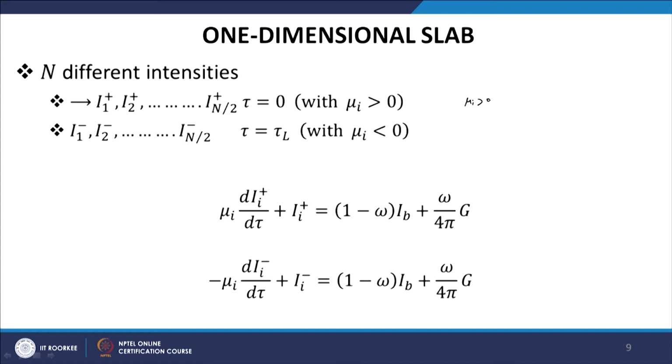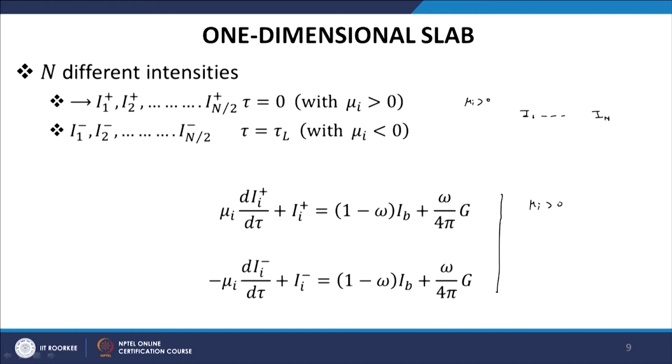So, we have a total of n unknowns, I1 up to I n. Out of these unknowns, n by 2 intensities are in the upward direction and the rest n by 2 are in the downward direction.